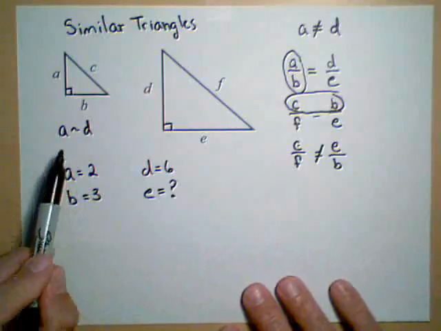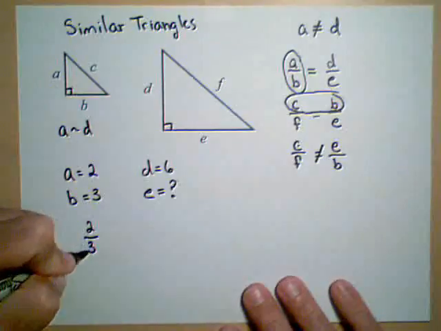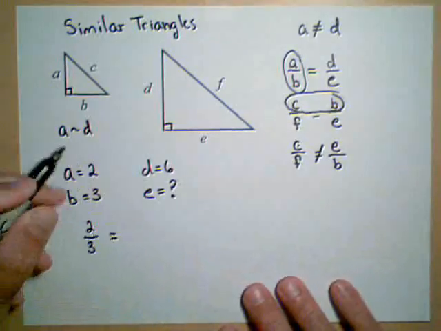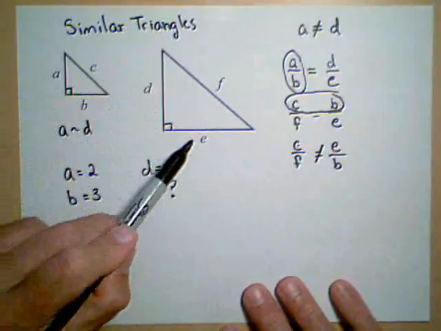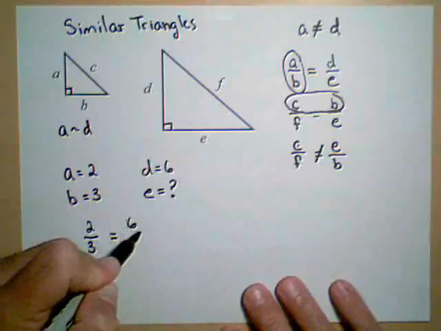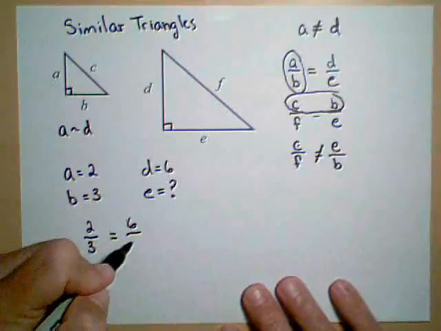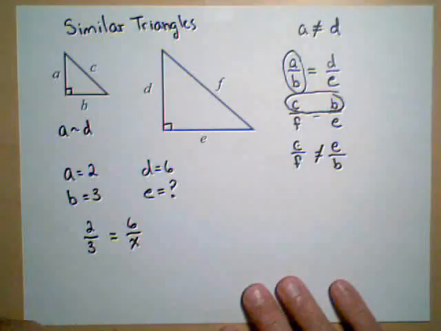Well, I would take the ratio of my sides, A over B, so 2 over 3 equals, and I set it up A over B, so I have to set it up D over E, is equal to 6 over, now instead of using question mark, how about we use a variable, say x. And we now have a proportion that we can solve.